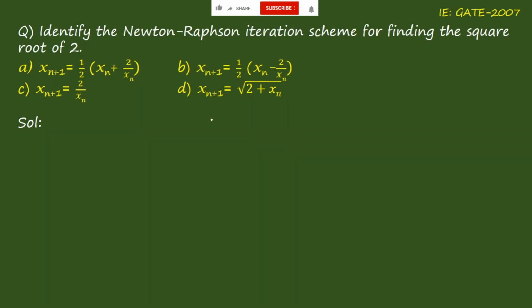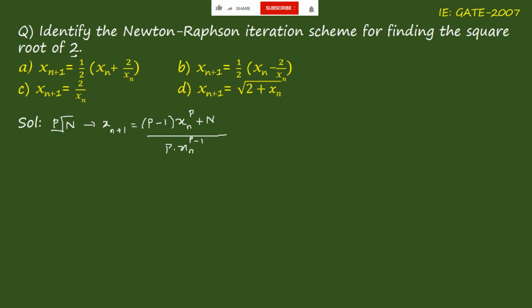Now come to the next question. The question is: identify the Newton-Raphson iteration scheme to find the square root of 2. What they are doing is finding the pth root of n by the Newton-Raphson method. You know that the pth root of n formula is x of n plus 1 is equal to (p minus 1) x of n power p plus n, by p into x of n power p minus 1.